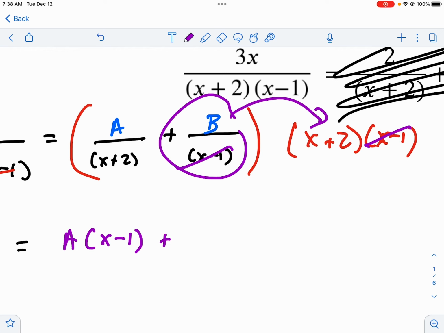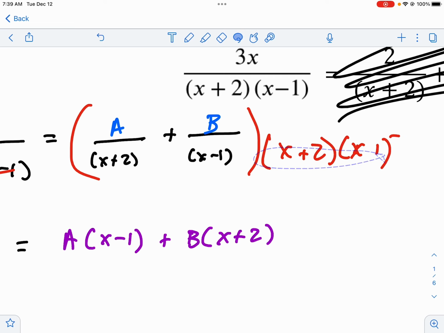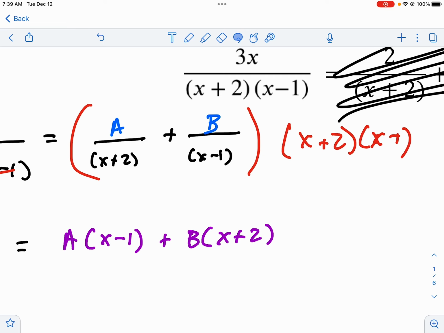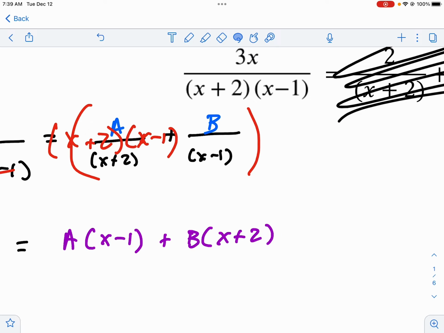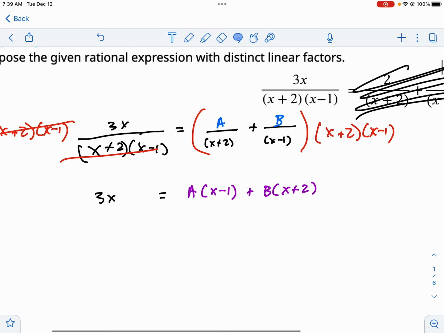So I have b, x plus 2. So really, if that's confusing, what's happening is this multiplies this one, and then also multiplies that one. So you get to here.